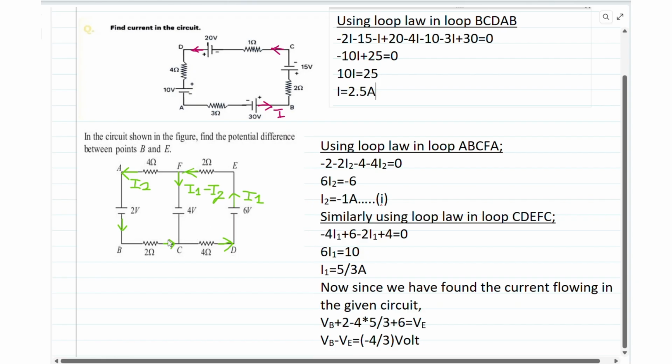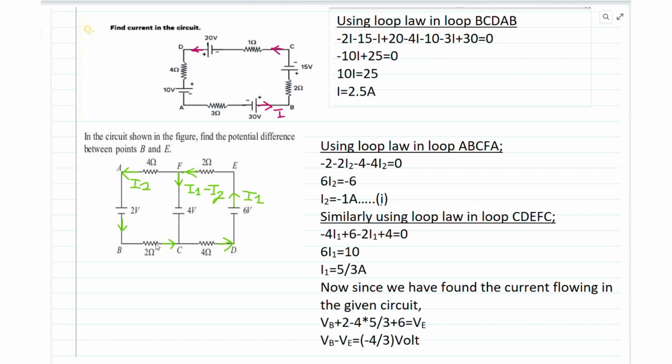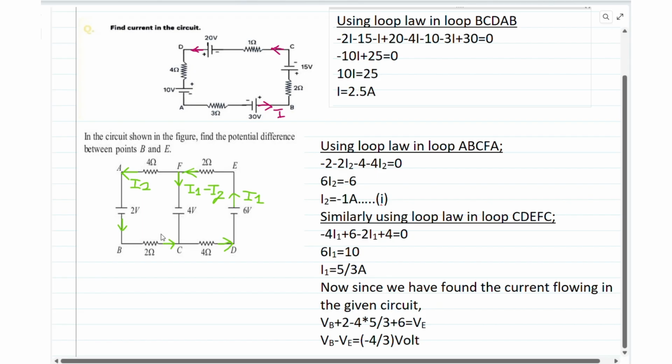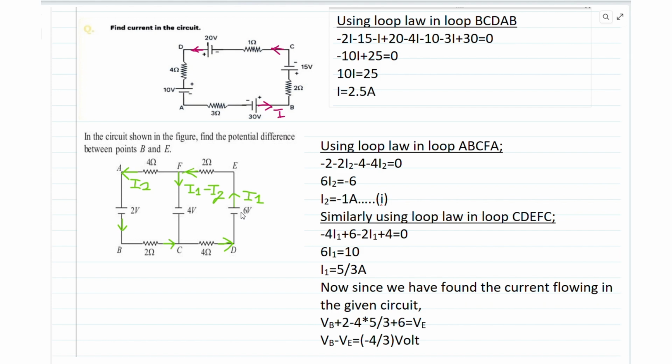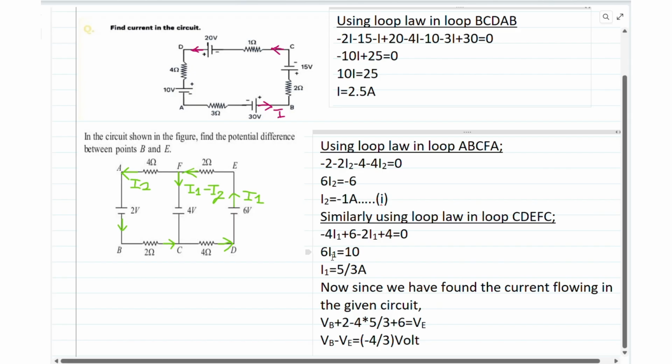So there will be a gain of plus 2 volts, and then that's again minus 4 into 5 by 3, as that is in the direction in which we are moving. And then that's again a gain of plus 6 volts, which is equal to VE. Now VB minus VE by simple mathematics we will obtain is minus 4 by 3 volt.